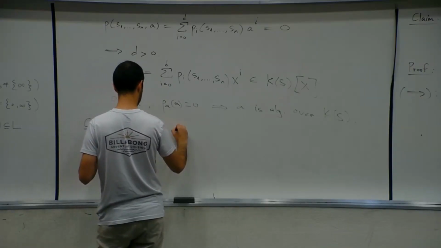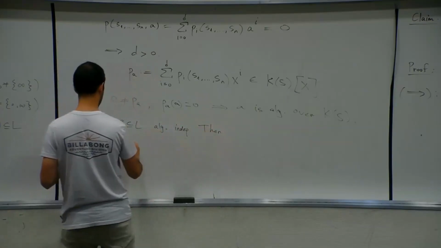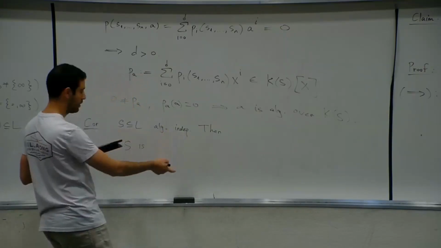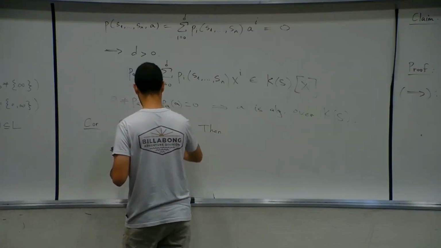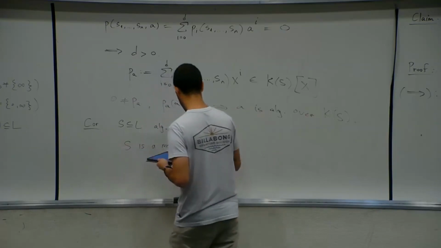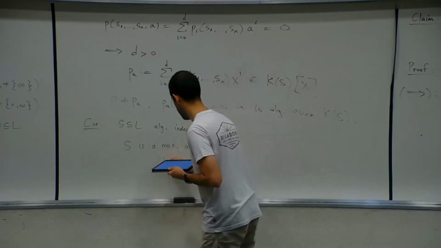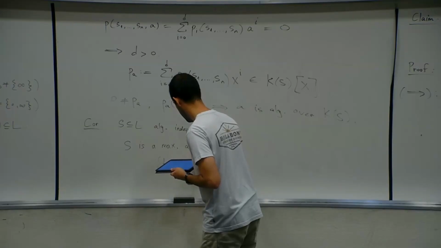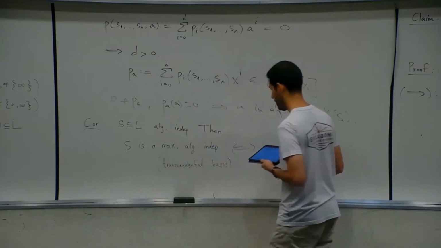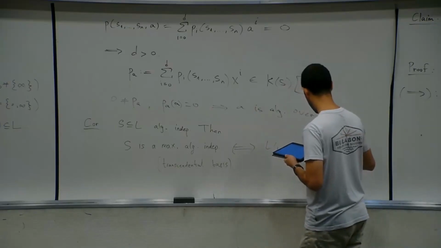If S is algebraically independent, then S is maximal algebraically independent, also called a transcendental basis, if and only if the extension L over K(S) is algebraic.